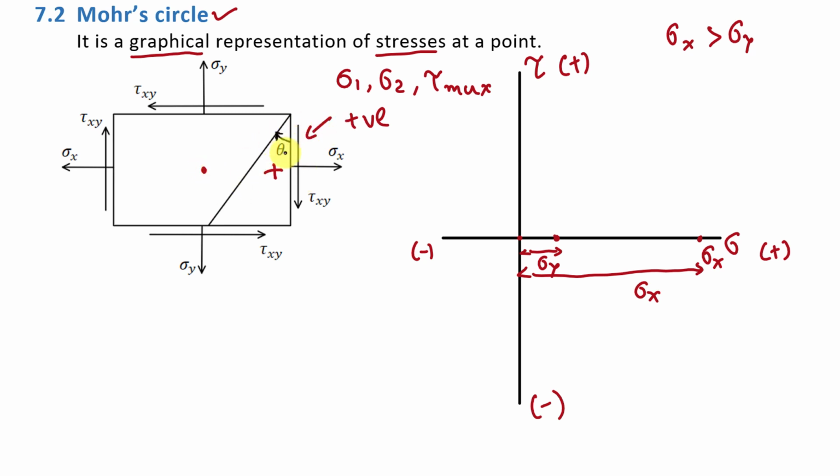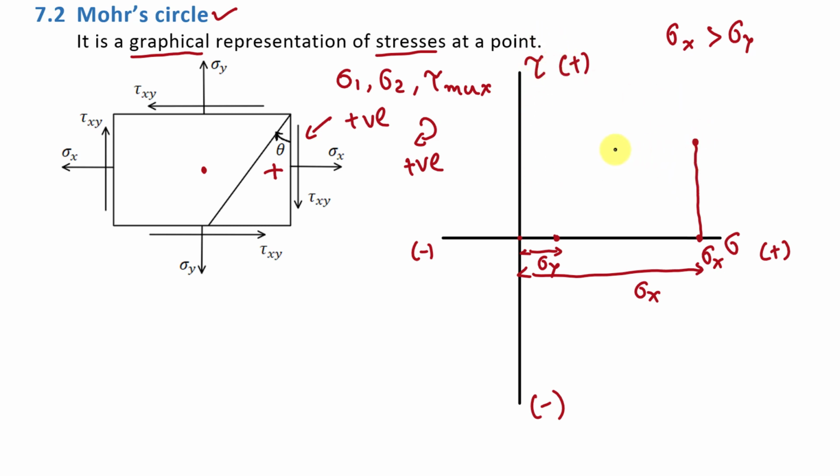So for our case we are going to take clockwise direction as positive, and it is acting along with sigma x. So from this point this shear stress tau xy will be on the positive side, somewhere here. Here I take a vertical line because there is shear stress in the vertical direction.